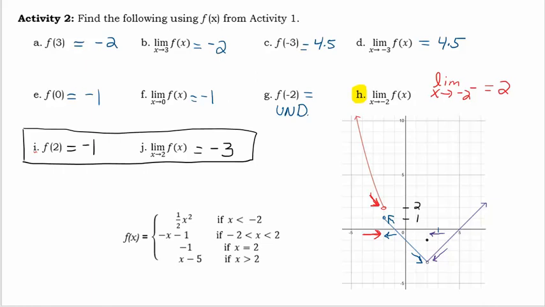Then let's look at it from the right. Now I'm looking at x values that are bigger than -2. So I could say the limit as x approaches -2 from the right, denoted with a little plus sign, is equal to 1.